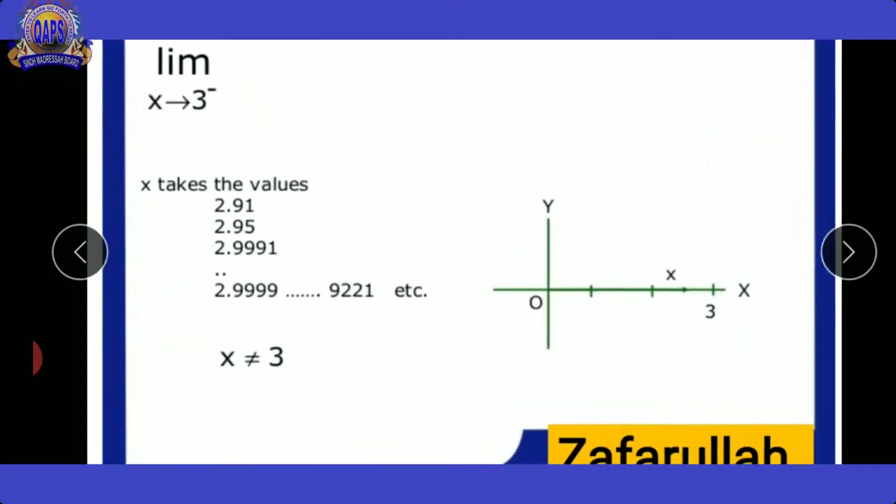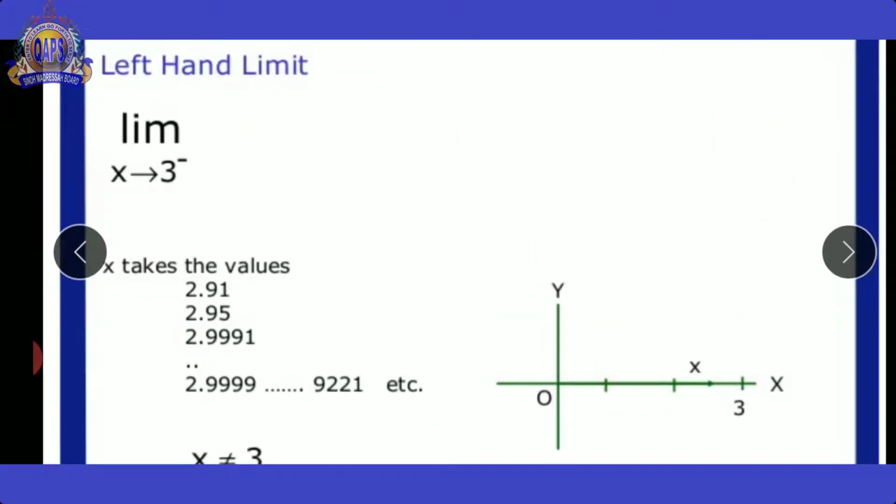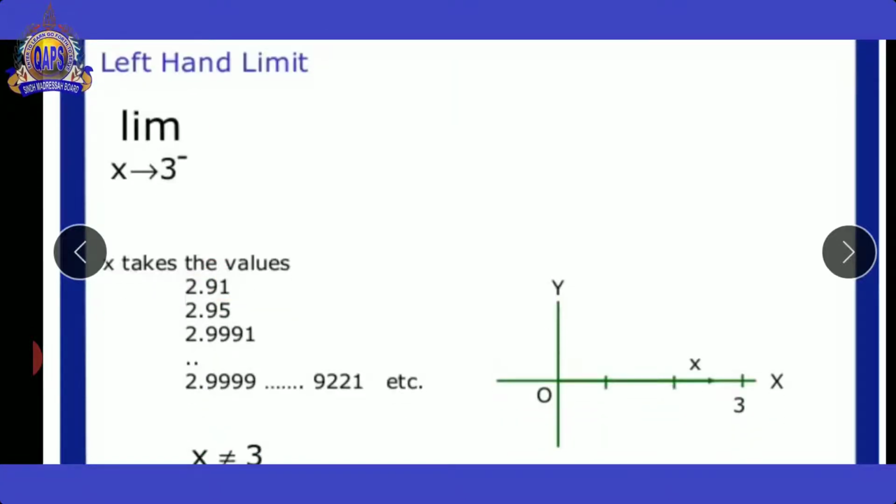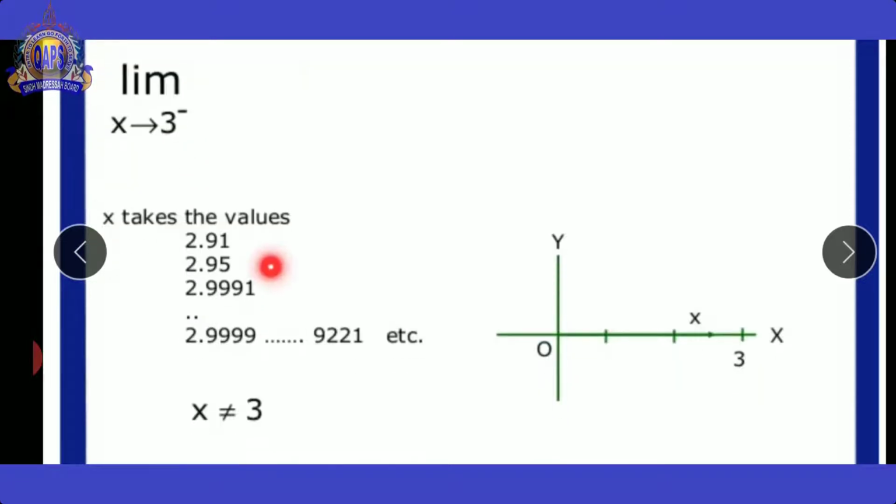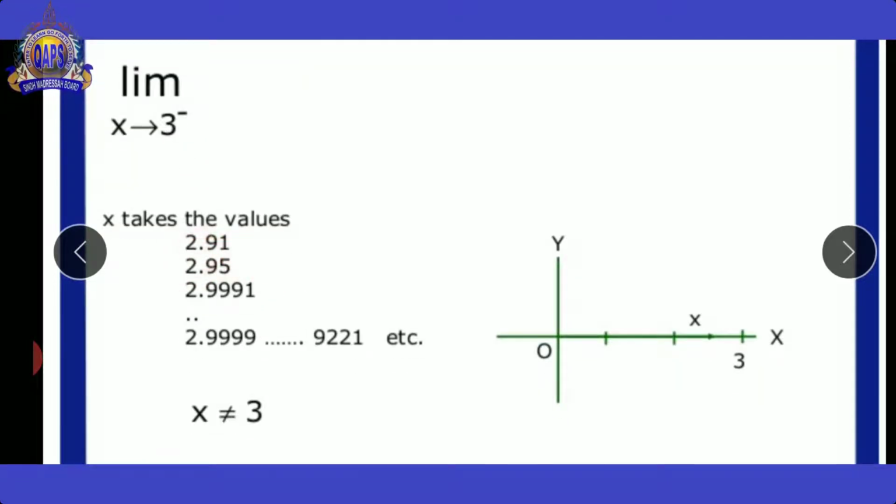Now in the question, when we solve this left hand limit, x tends to 3 from the left, x takes the values 2.91. When we put 2.91, then it becomes close to 6. When we put 2.95, it will also be close to 6, and when we put 2.991, then it's already very close to 6.